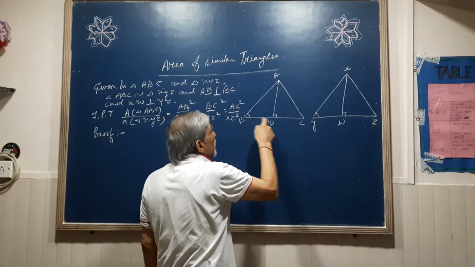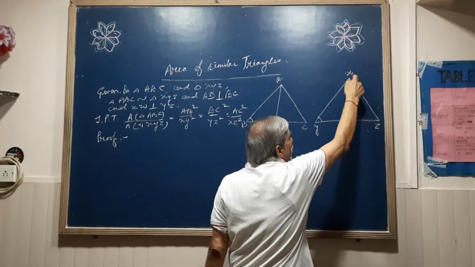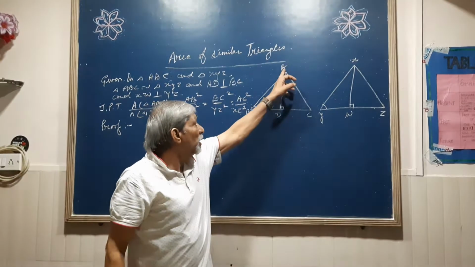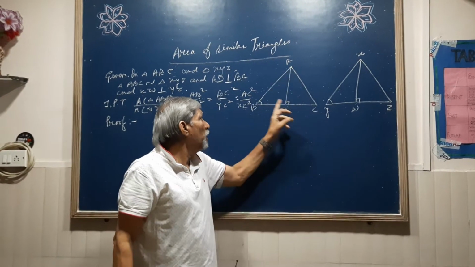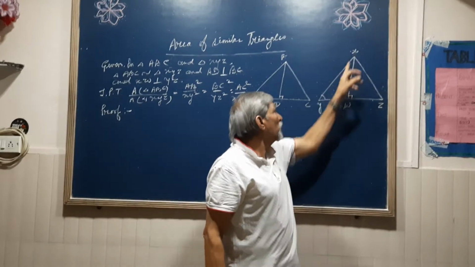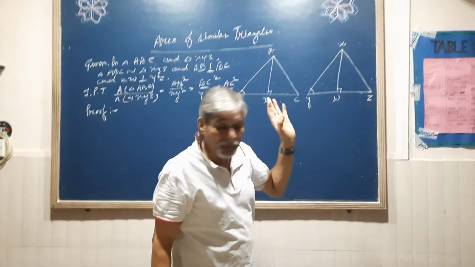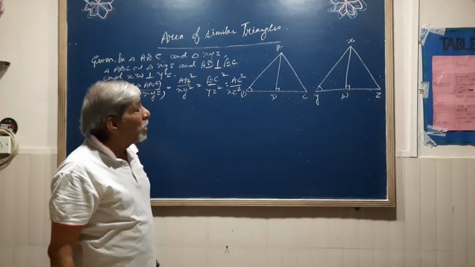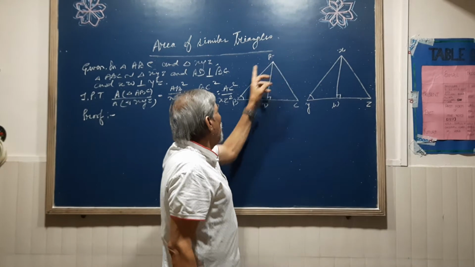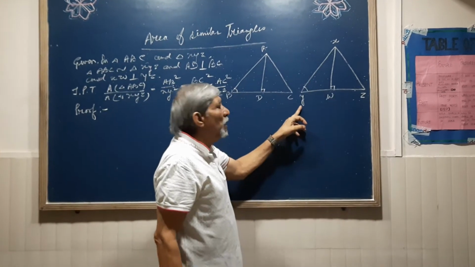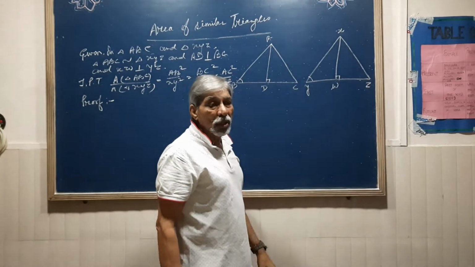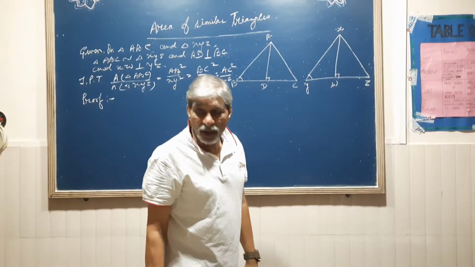And angle ADB is congruent to angle XWY, each 90 degrees. As AD is perpendicular, ADB is 90 degrees. XW is perpendicular, so XWY is 90 degrees. Then you can get AB upon XY is equal to AD upon XW, corresponding sides of the similar triangles.